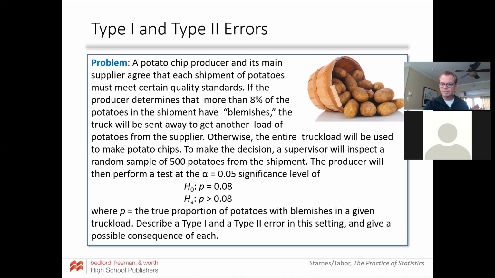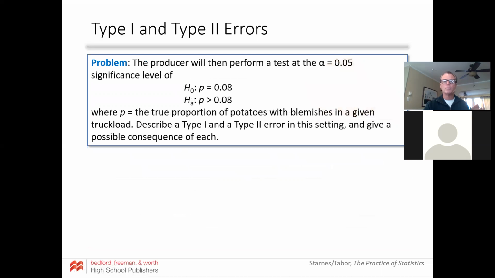You can live with that, okay? The alternate is, it's greater than 8%. So if it's greater than 8%, you don't want to use those potatoes. You're willing to accept 8% banged up potatoes.